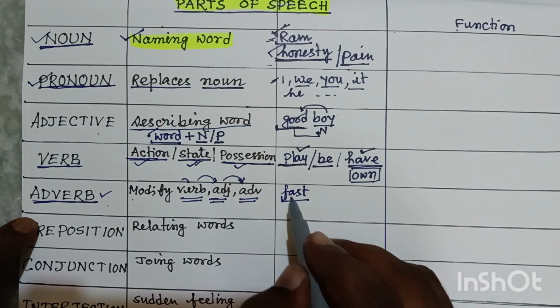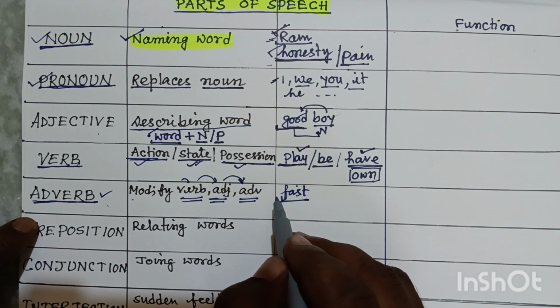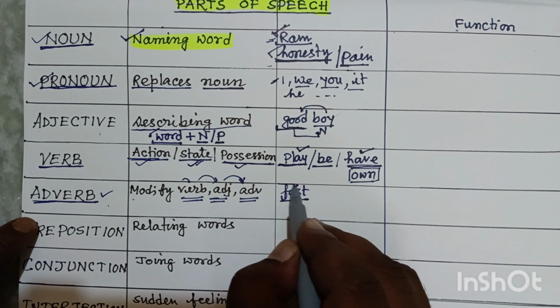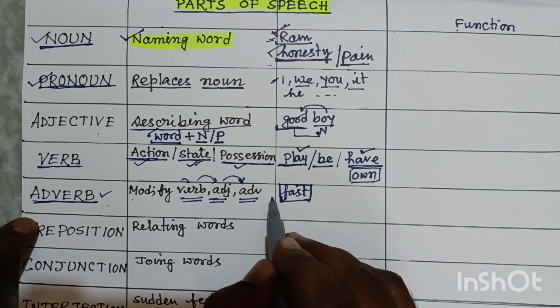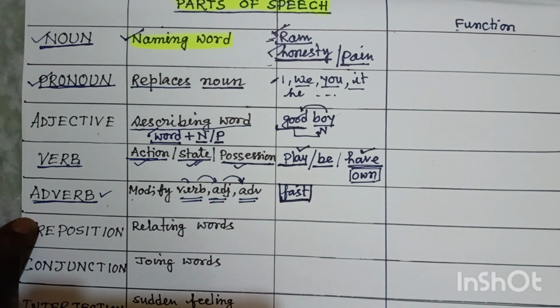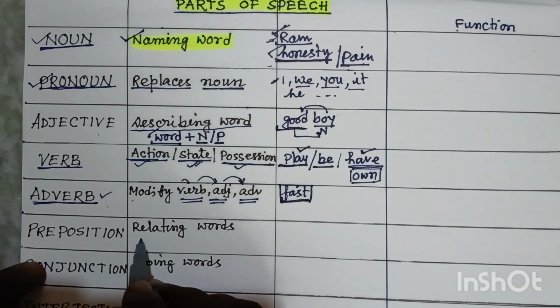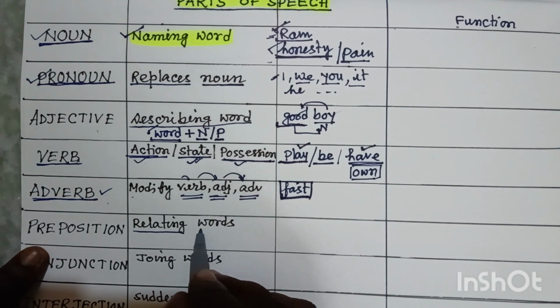In this sentence, fast is the adverb, because it is modifying or saying something extra about the verb run. That is why this term will be called an adverb.